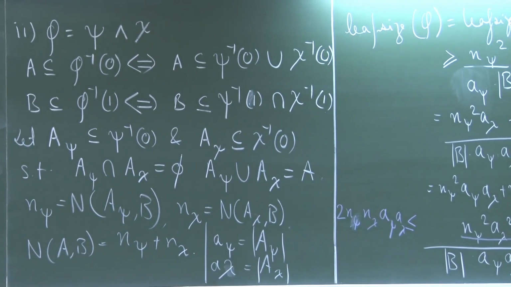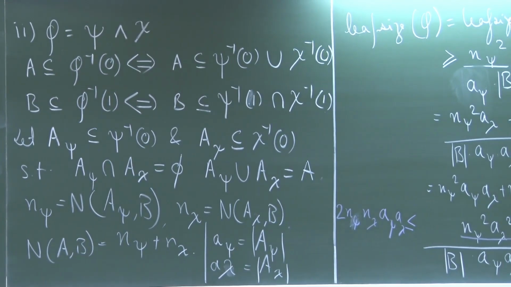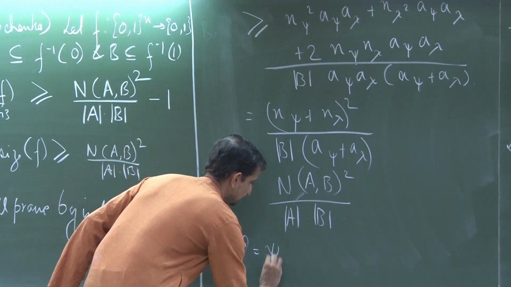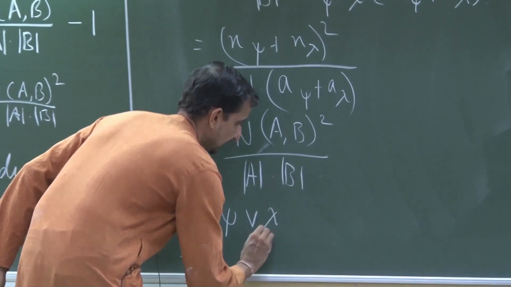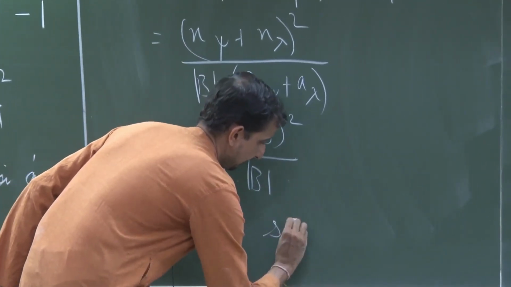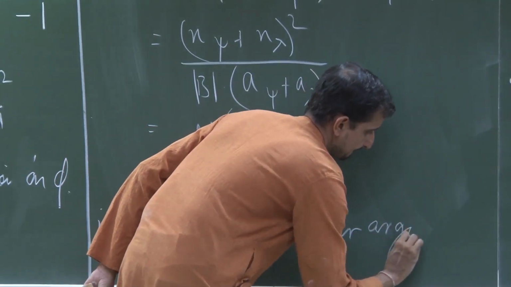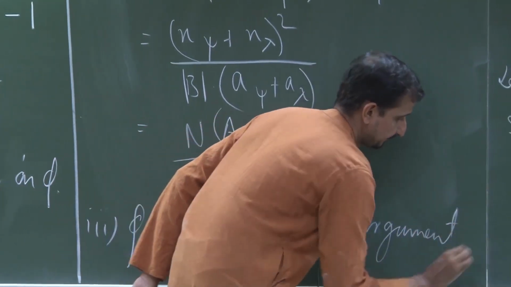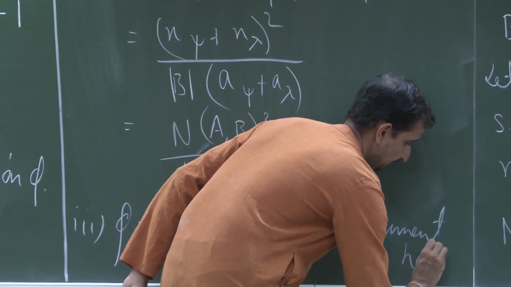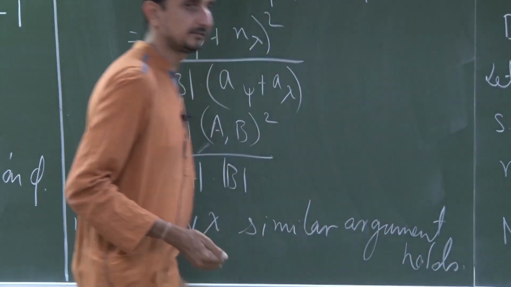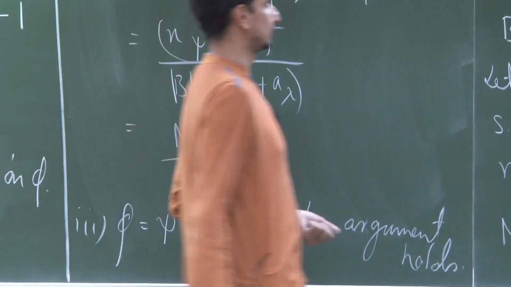So, case 3, if phi is equal to psi or chi, a similar argument holds. Okay. So, this completes the proof.